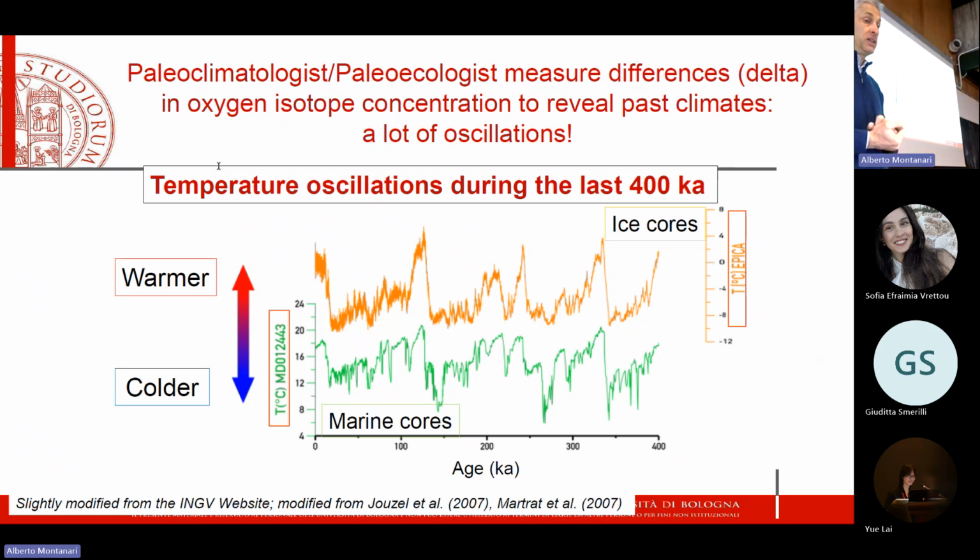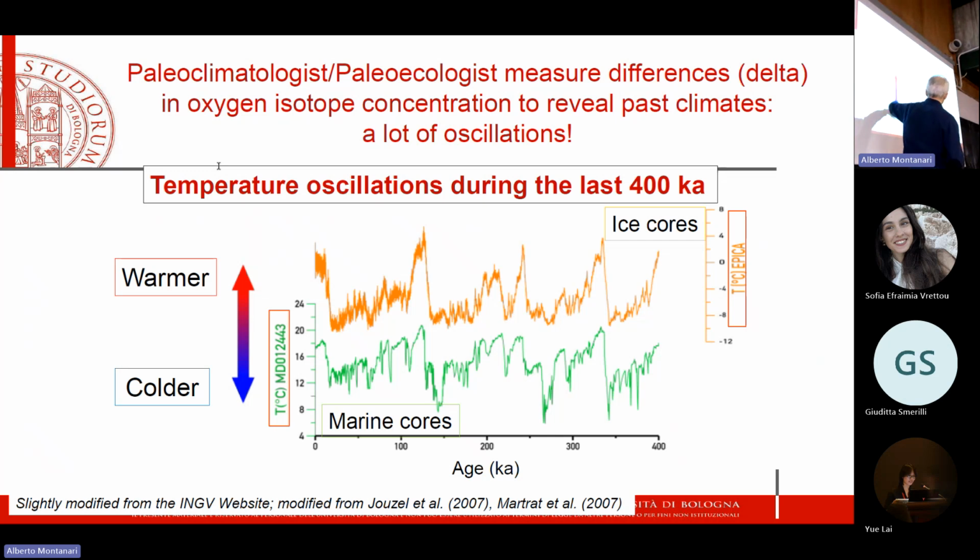What can we see here? Information of past temperature derived from marine cores, the green one, and from ice cores, the upper one. This information is derived from delta oxygen isotopes. Why is this important? You see a general agreement in the patterns of these two curves with a shift in temperature.